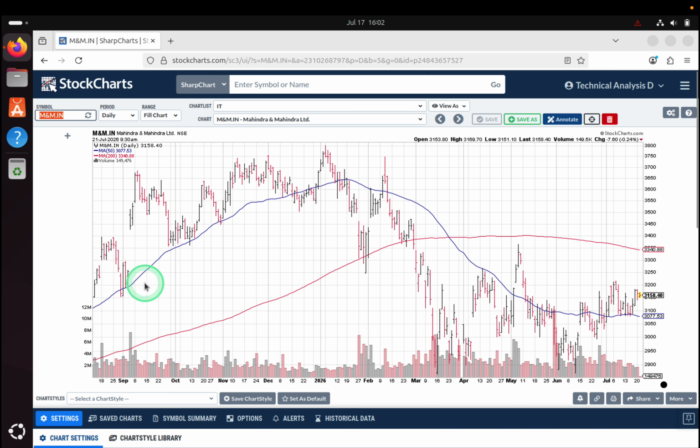In this chart also you can see that it's beginning with accumulation and there is public participation.